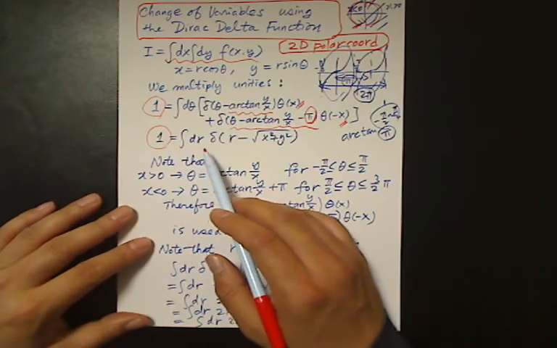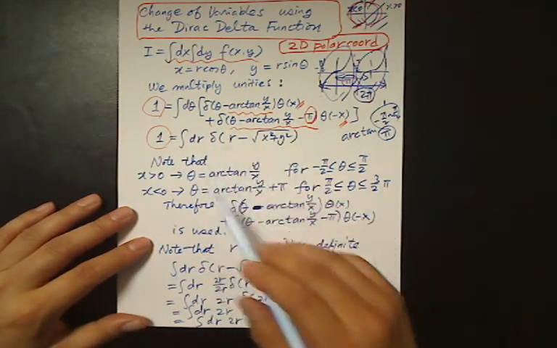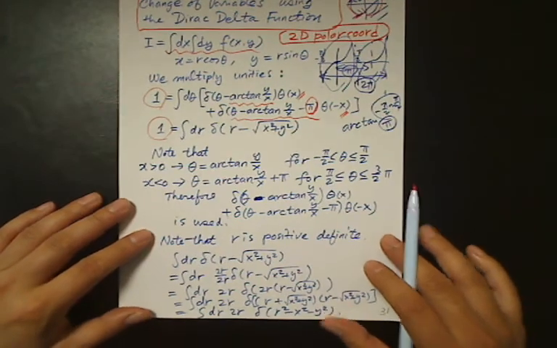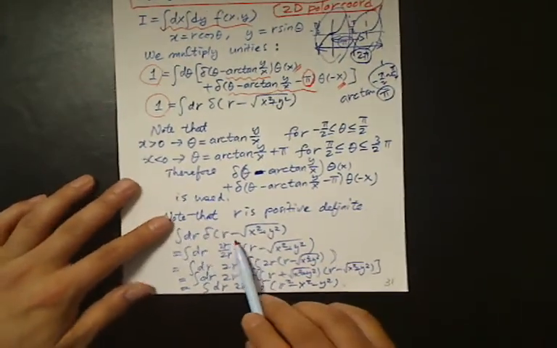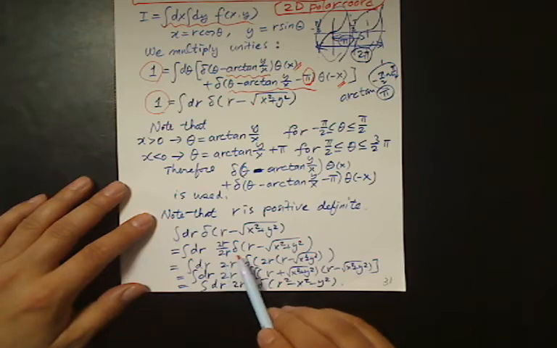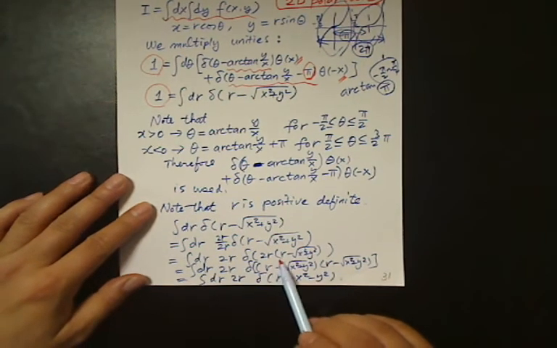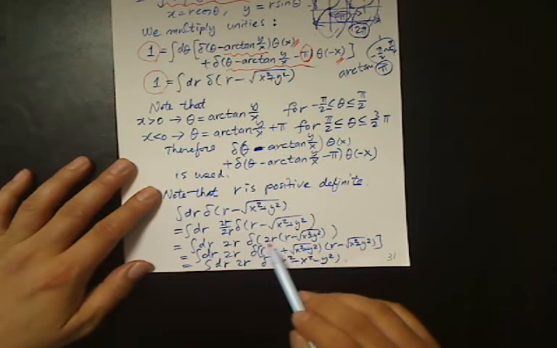The second factor is integration over r for the delta function of radius. This delta function can also be expressed as 2r over r, and this 2r can be moved inside, and this one can be factorized. So you know r is positive.